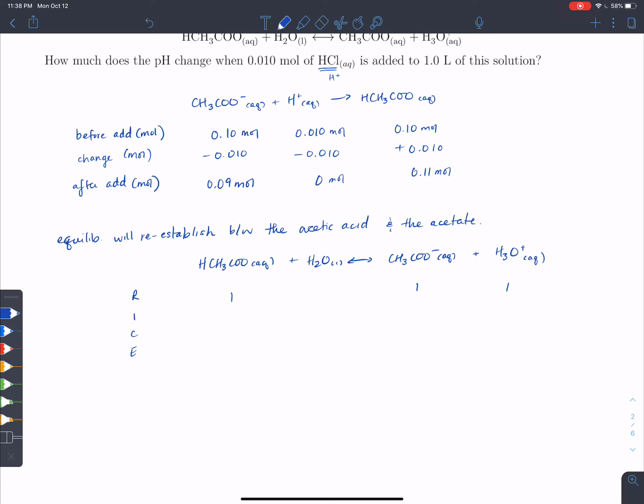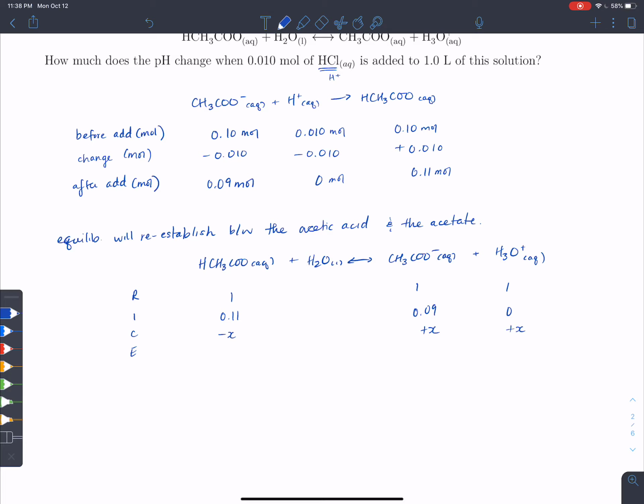We also know the initial concentrations when the equilibrium is established: the acetic acid amount is 0.11, the acetate amount is 0.09, and the hydronium ions is 0. And then we can start establishing the change in concentration. The acetic acid is going to change by an X amount, and that decrease is going to be an increase in the acetate and the hydronium ions.